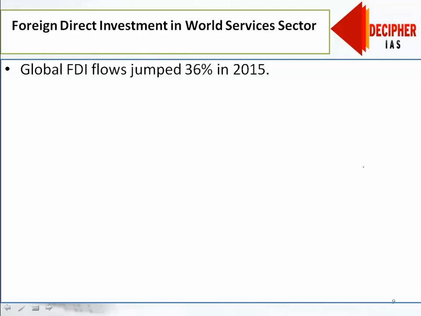So the FDI in the services has been of the order of US dollar 1.7 trillion, which is the highest since the global economic crisis happened in 2008. However, the growth was largely due to the cross border mergers and acquisitions.